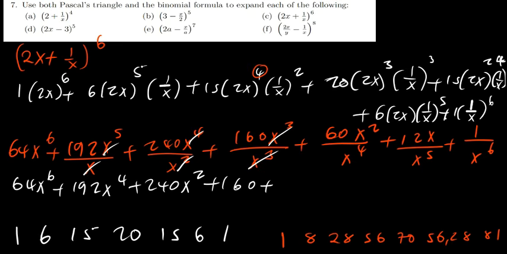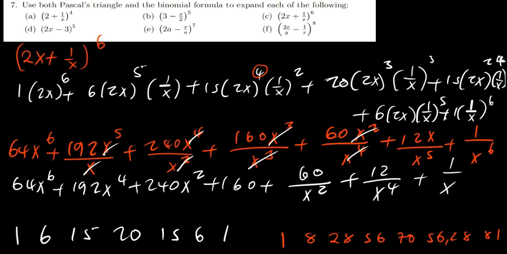Then there I will remain with 60 on top, then x to the power 2, because this has gone. Here I'm remaining with x to the power 2. Next I've got 12 x will go, then I'll remain with x to the power 4. Okay, so I'll remain with x to the power 4. Then down here I'll have 1 over x to the power 6. So this is my answer.